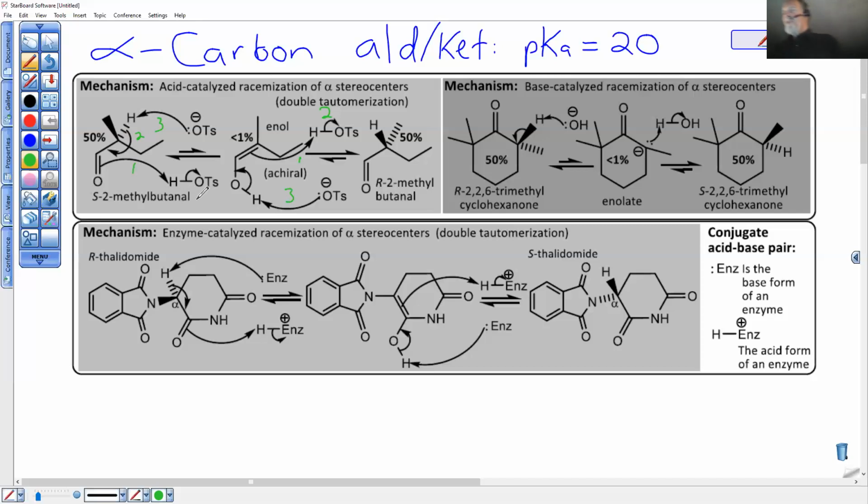It will undergo what's called, and the magic word is in the title, racemization. You remember a racemic mixture is a 50-50 mixture of two enantiomers.